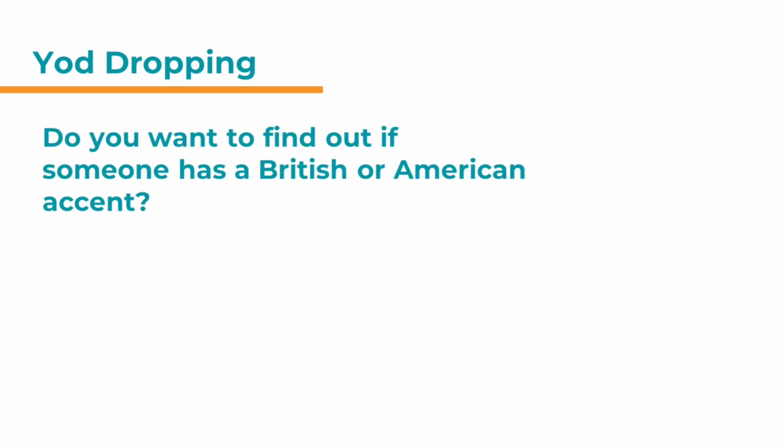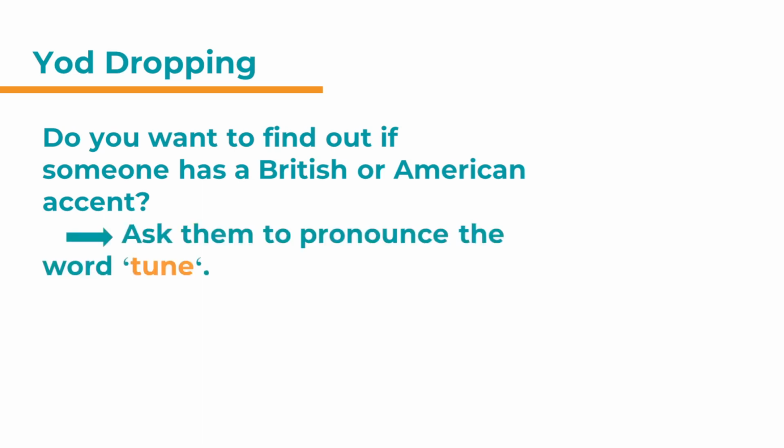Now, do you want to find out if someone has a British or an American accent? There's a little test you can do. You can ask them to pronounce the word tune.